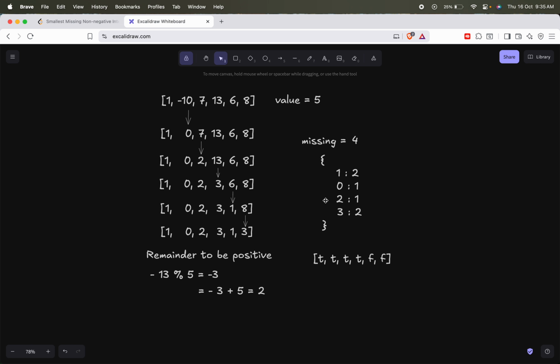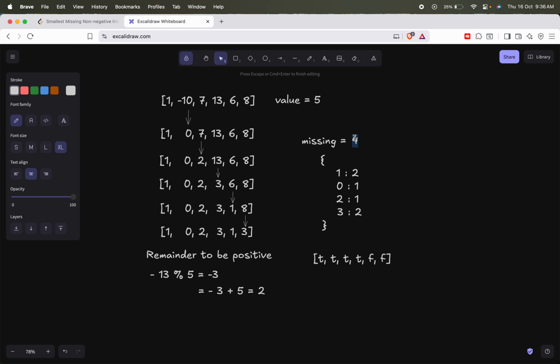So the idea is to keep the frequency of the remainders. For the given example, we have frequencies as 1 has occurred twice, 0 once, 2 once and 3 twice. We assume the first missing number is 0 and check whether 0 exists in the frequency matrix or not. Yes, 0 exists, so 0 is not the answer.